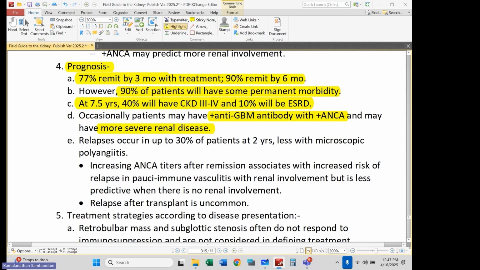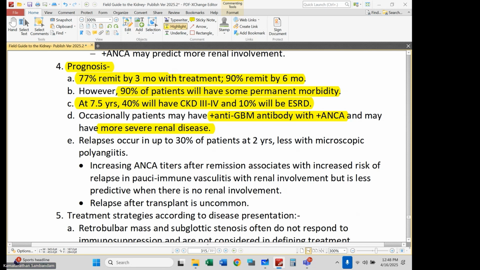You then expose neoantigens to your immune system, and then you produce an autoantibody to this GBM antigen. So that is the hypothesis that is provided for these double positives. Again, first ANCA vasculitis, glomerular basement membrane disruption, and then a second autoantibody that is produced to that exposed neoantigen.